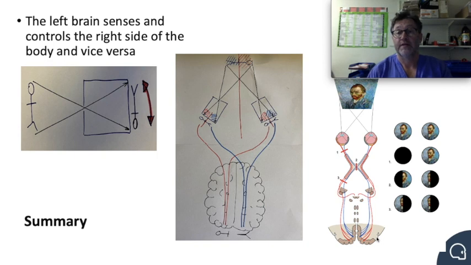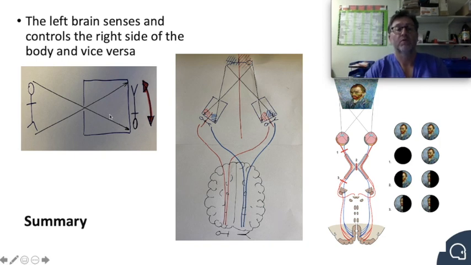So let's summarise that, okay? If we can remember that the left brain senses and controls the right side of the body and vice versa, we need to remember the pinhole camera inverting the image. In fact, we've got two pinhole cameras, which is how our eyes work, and somehow we've got to get the image from the right side of the midline across to the left brain, and the left side of the midline across to the right brain.